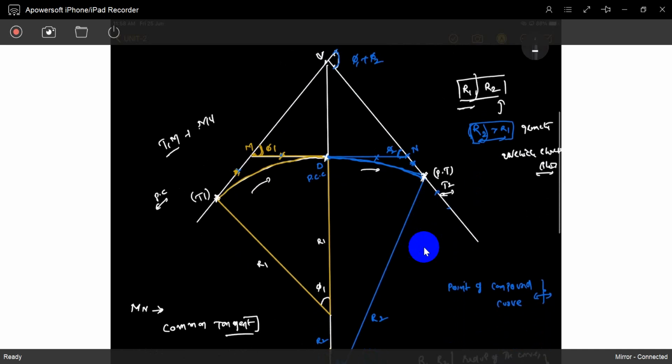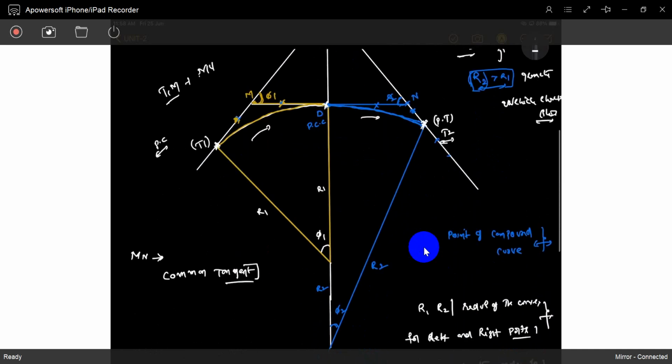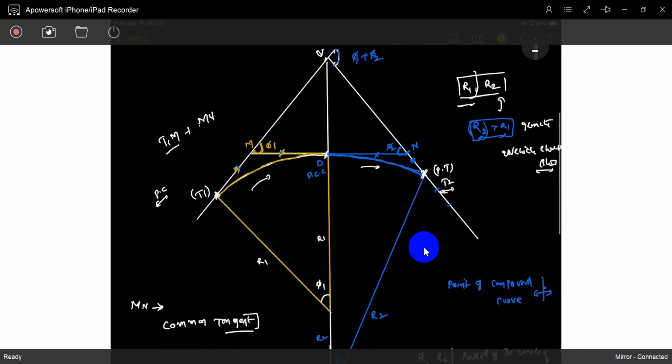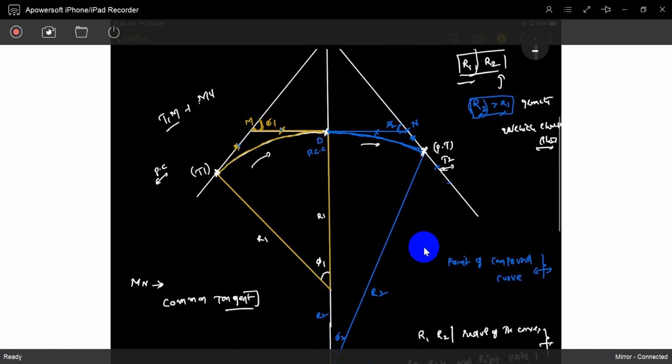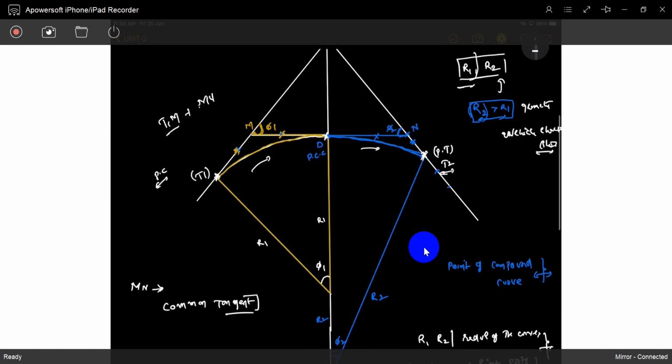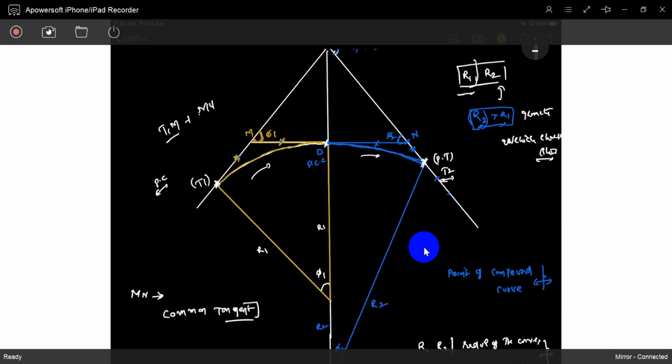So first I will calculate the length of T1M. I will call it the length of the smaller tangent. This is a small R compared with this larger R, so I call it a small curve, because the radius is small.